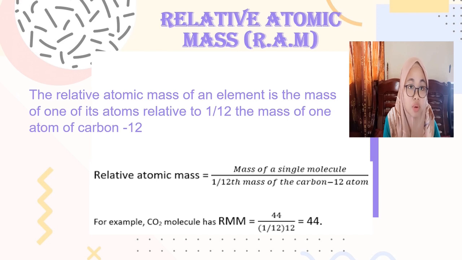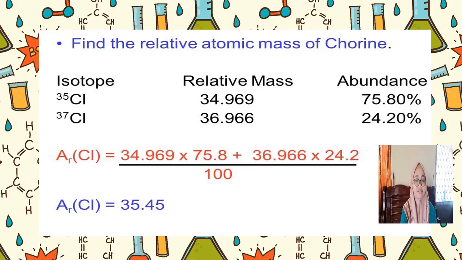For example, for relative atomic mass I choose chlorine. You can use the formula to get the answer: 34.969 times 75.8 plus 36.966 times 24.2, divided by 100. You can get 35.45.